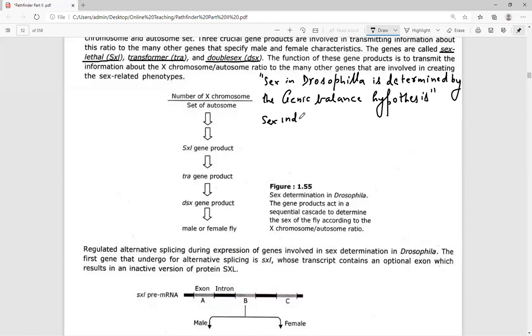Sex index ratio. Now, sex index ratio equals the number of X chromosomes divided by the number of sets of autosomes.